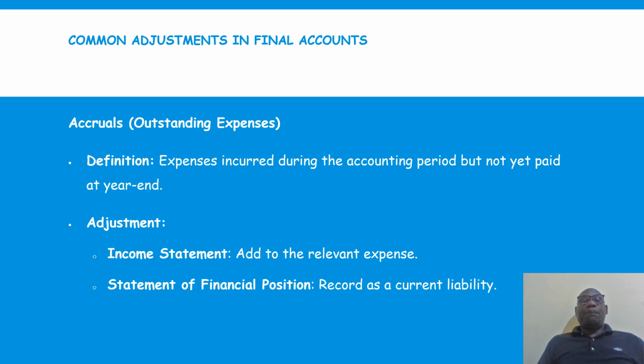That is in the income statement, and specifically in the profit and loss account. And then in the statement of financial position, we need to record the accrual as a current liability. We have to list it under the current liabilities. Current liabilities being those financial obligations which the business has to meet within a space not exceeding 12 months.